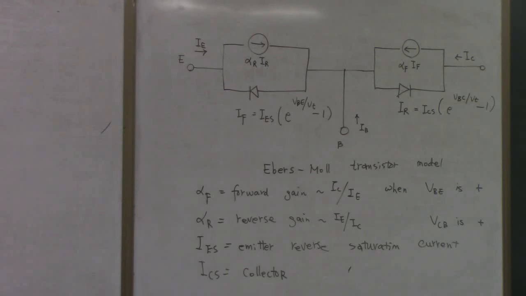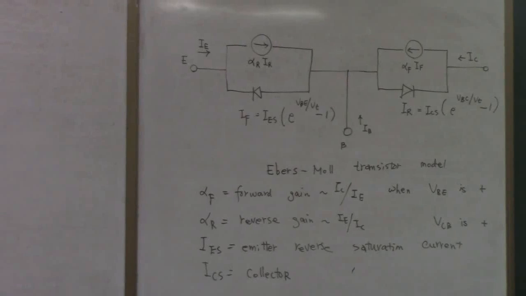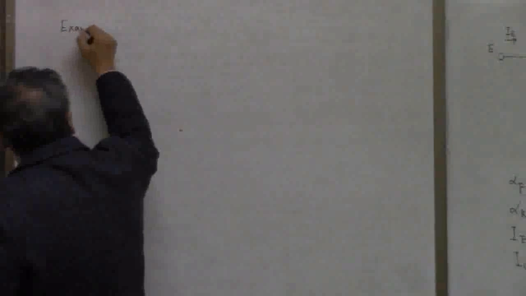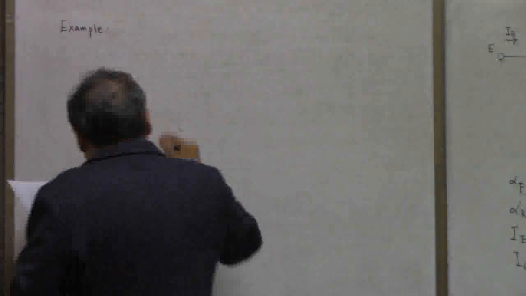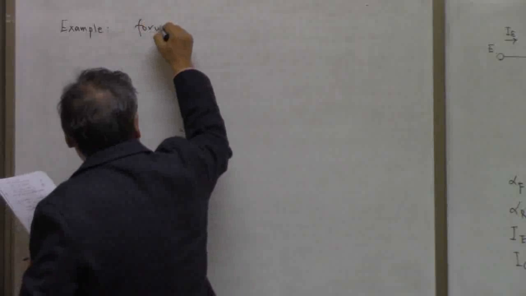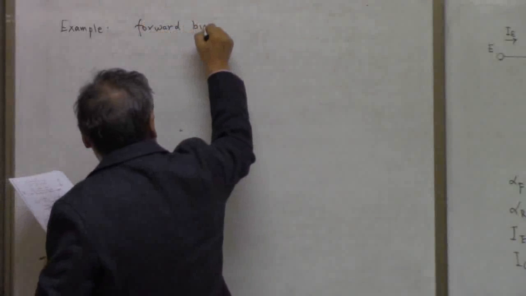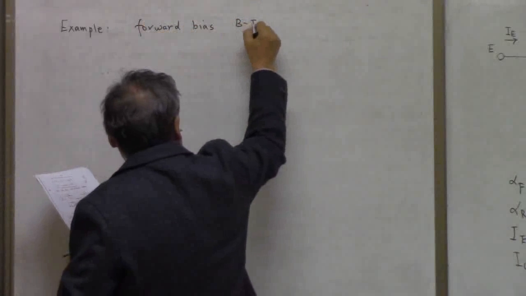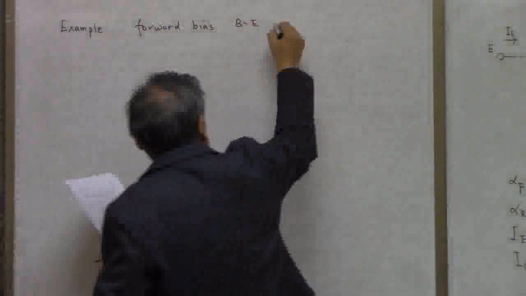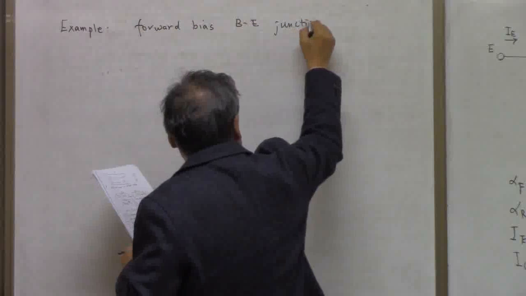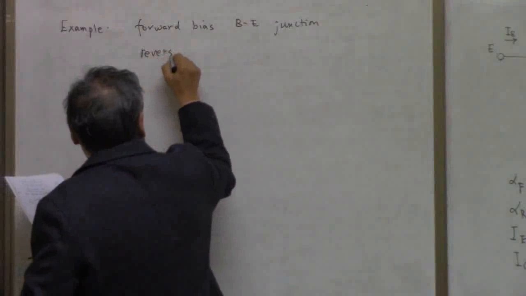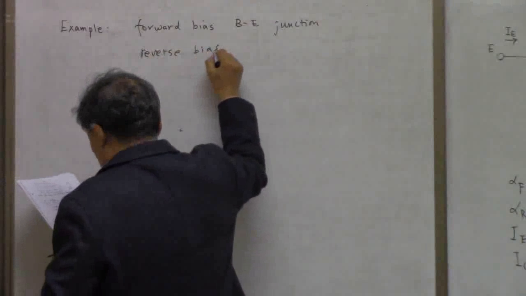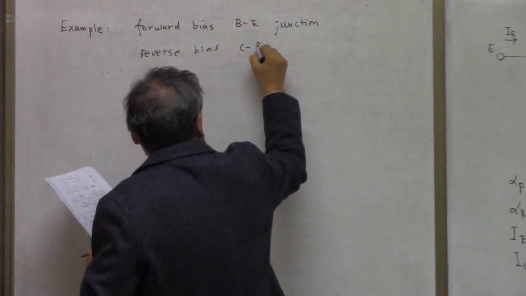Let me give you one example. We forward bias the base-emitter junction and reverse bias the collector-base junction.